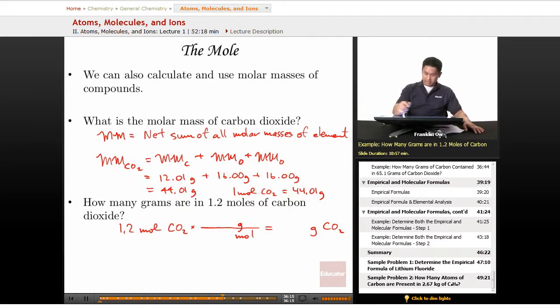And right there in the previous problem, we calculated this conversion factor, our molar mass of CO2. Anytime you want to relate mass and moles, it's always molar mass to be your conversion factor. And so it's going to be 1 on the bottom, and it's going to be 44.01 on top, giving us our answer in units of grams of CO2.